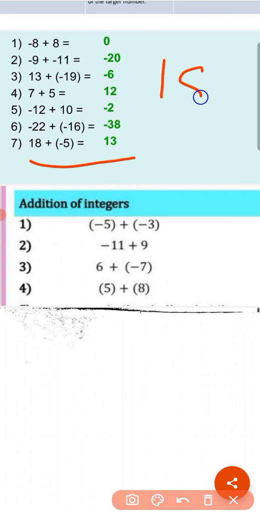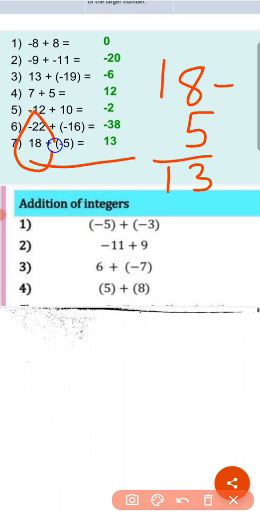Subtract the smaller from the bigger. 18 minus 5 is 13. Since the larger number is positive 18, our answer is also positive 13. Okay. So children, here we are adding integers with different signs. Positive 18 plus negative 5. Follow the rules. 18 minus 5, 13. Since 18 is the larger number, it is positive also. So our answer is also positive 13. Okay.